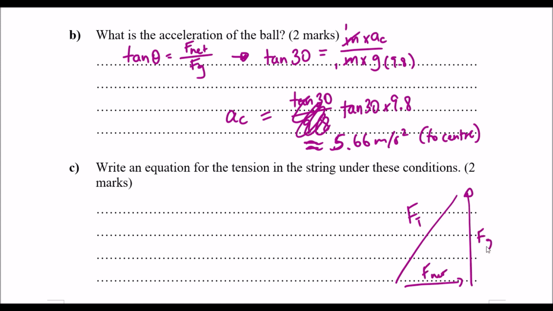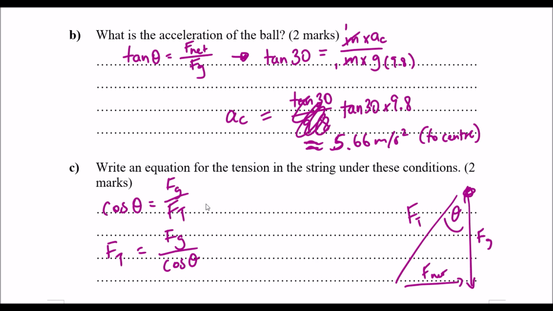Net force, Fg, whoops, should be going down that way, and then theta. So we could use the gravitational force. So that would be cos theta. So it would be cos theta equals to, let's see, Fg over Ft. And then by expressing that, it would be Ft equals to Fg over cos theta.